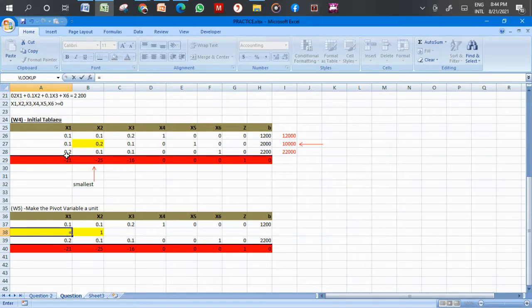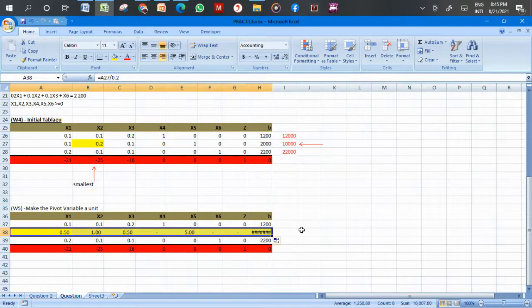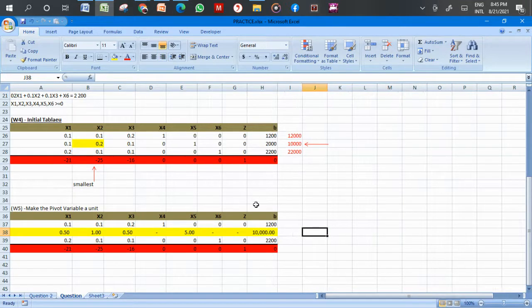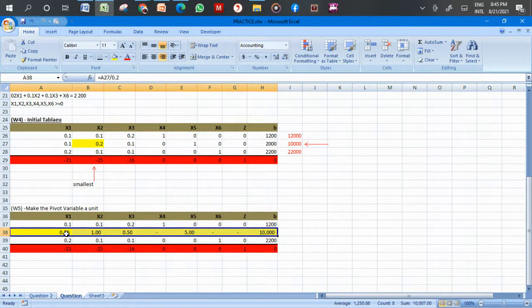Okay, so we are saying this one divided by 0.2. So let's fix 0.2. Everything should be divided by 0.2. If we drag our formula here, dividing everything by 0.2, our objective was to make this pivot variable a unit.